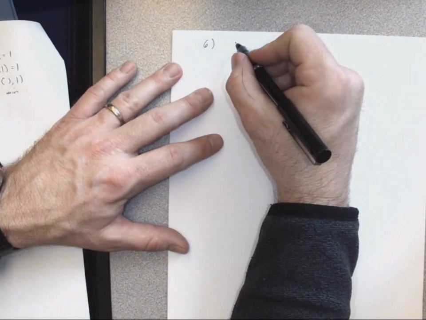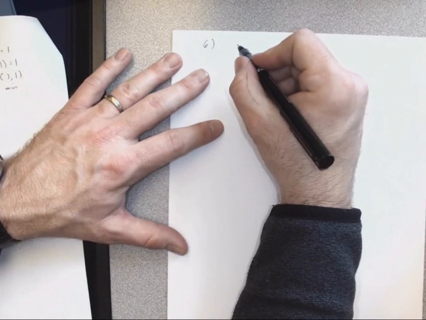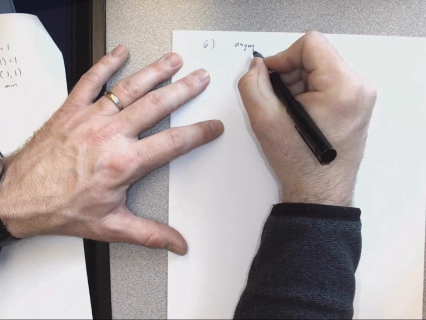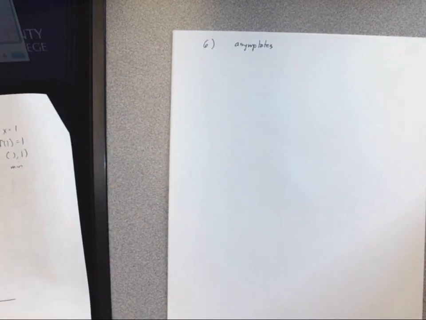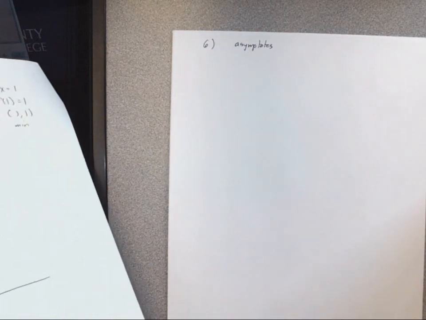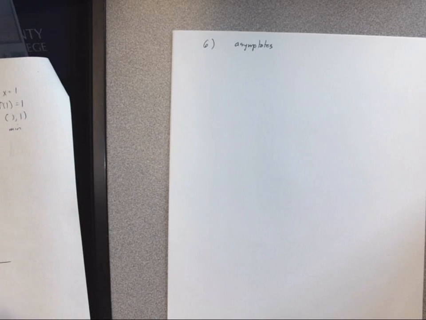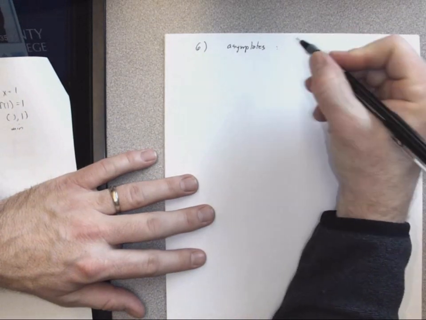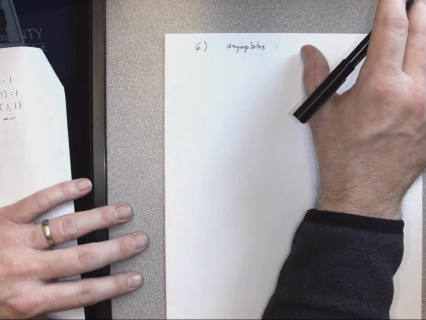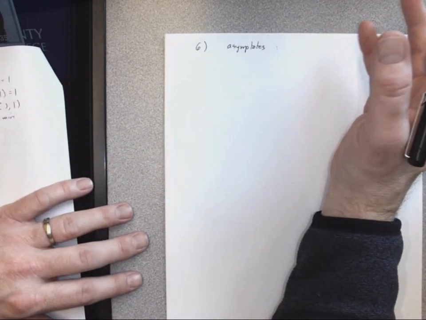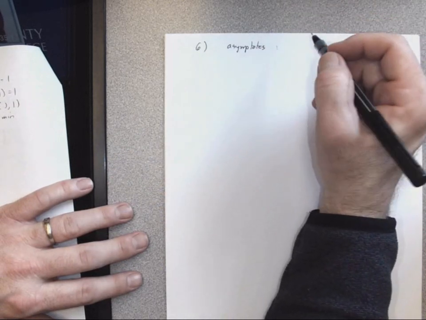Does this thing have any asymptotes? No. As far as asymptotes, remember, vertical asymptotes happen with your ratio functions.